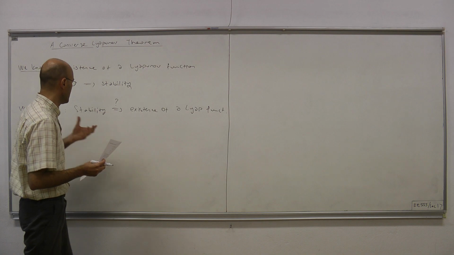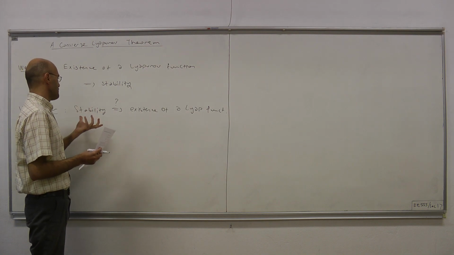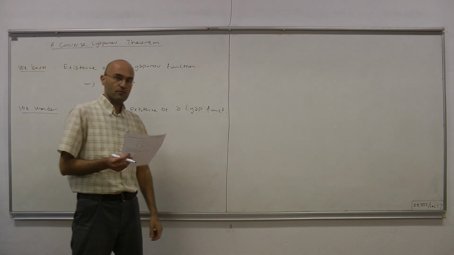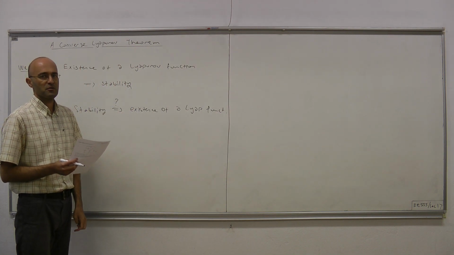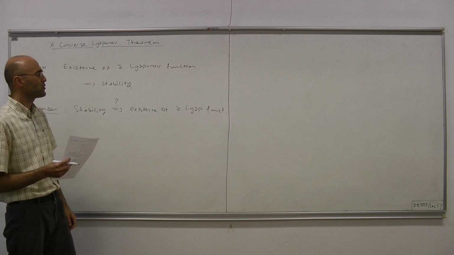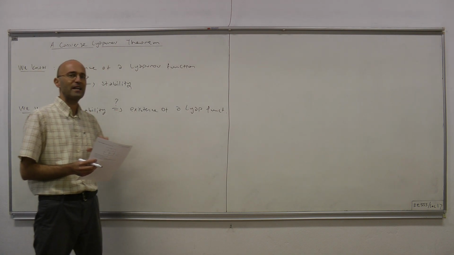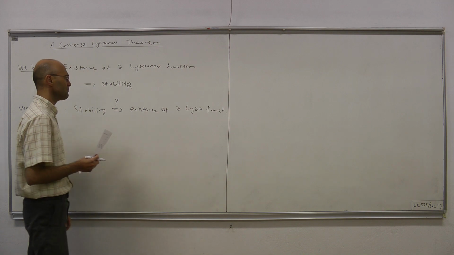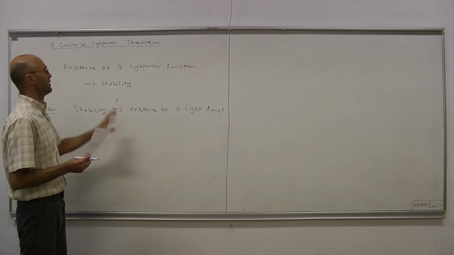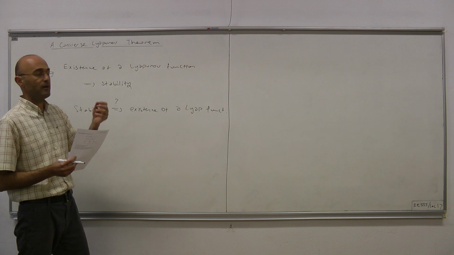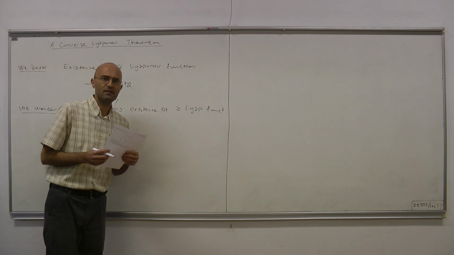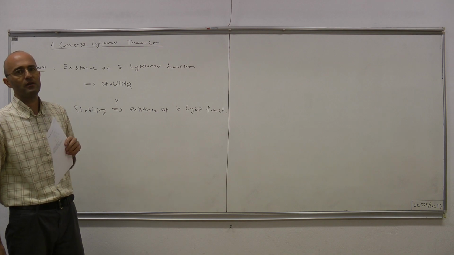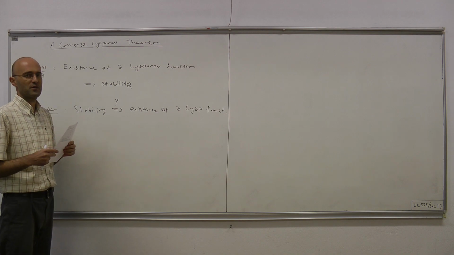The main idea is in obtaining a Lyapunov function from a given system whose origin is asymptotically stable. So we will now try to get a glimpse of that general idea, and then we will state the converse Lyapunov theorem that's in our text, and then we'll move on to other examples.